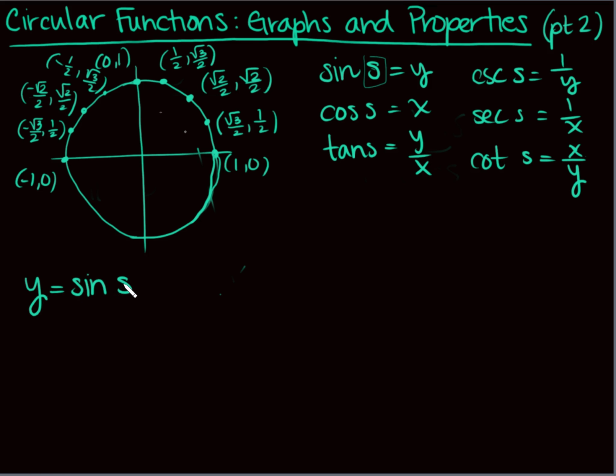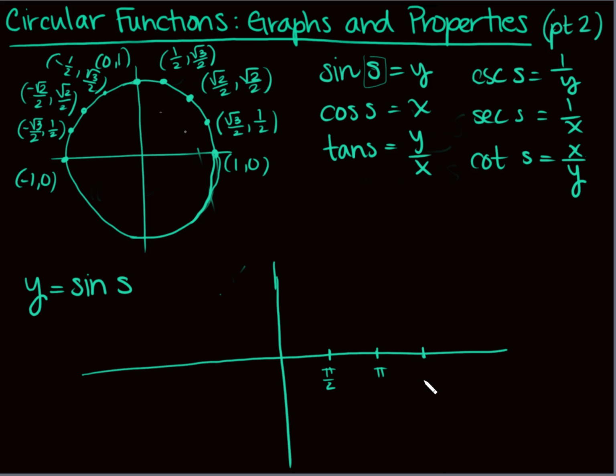If you thought I couldn't draw, which I'm sure you thought, I couldn't draw a circle, let's see what's happening here. Okay, sine of s. I'm going to look at some of my inputs here. Let's start with pi over 2. We'll do pi right here, 3 pi over 2, 2 pi, and then we could go more than that.